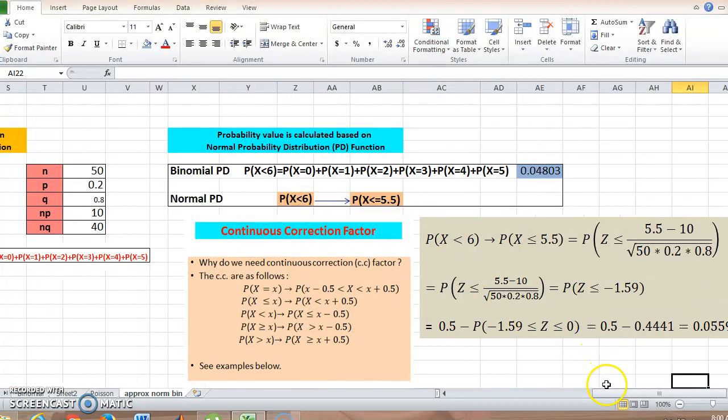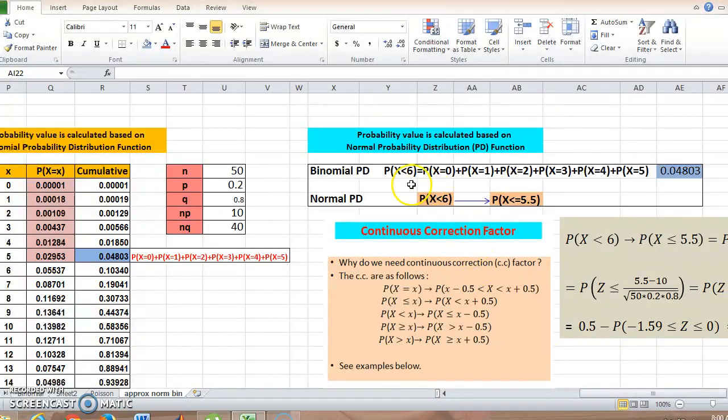Now, if I am interested to calculate the probability of x less than 6, I know that it is equal to probability of x equal to 0 plus x equal to 1 until x equal to 5. And this summation is equal to the blue cell.